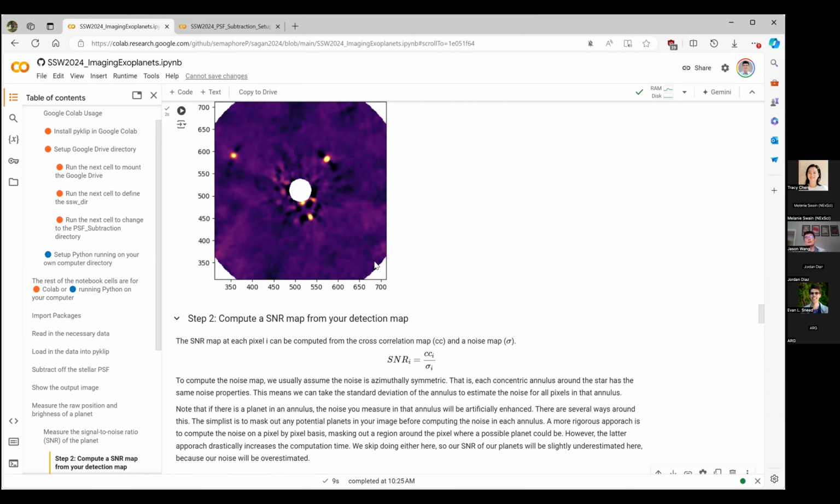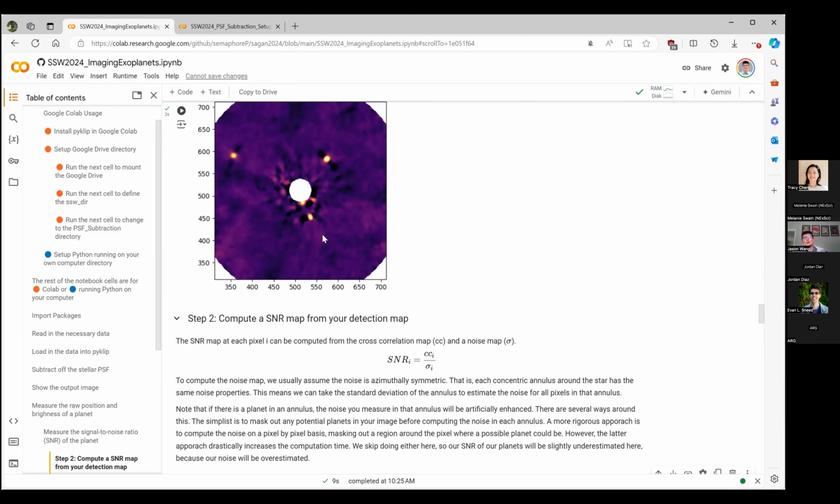So lower intensity pixels could result in a good enough detection, whereas when you're really close to the star, the noise is a lot higher. So even if you have a bright pixel like this one, this may not correspond to a real detection, because not only is the signal brighter here, but the noise is also brighter here. So we're compensating for the fact that the noise changes.